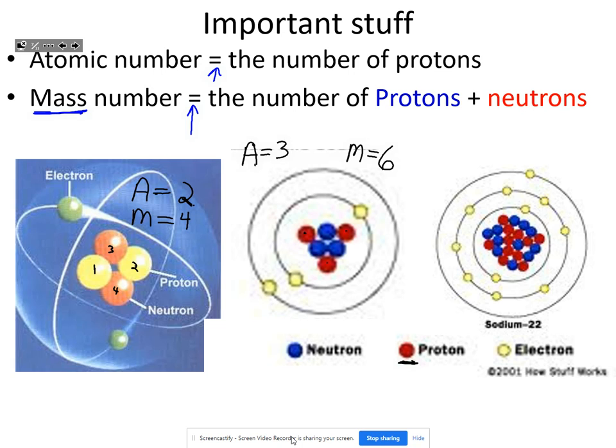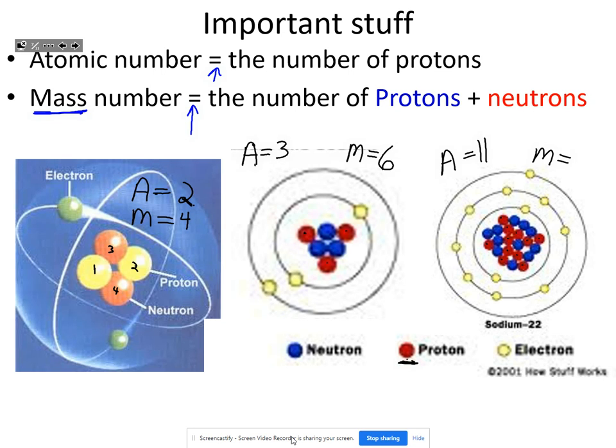So let's look at this next one. Hopefully you can figure out the atomic number and the mass number by using the colors. Protons being red, neutrons being blue. Protons, or the atomic number, is 11.